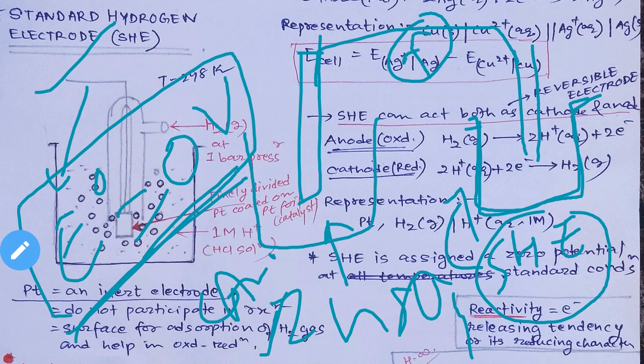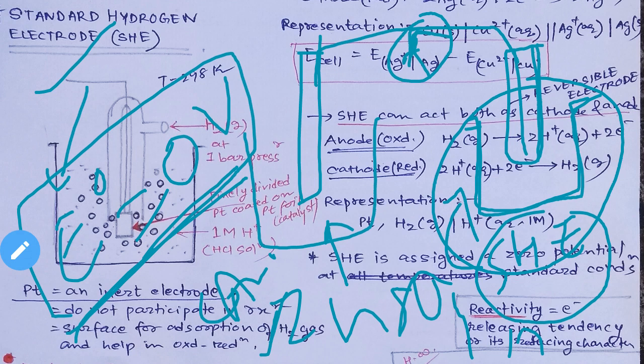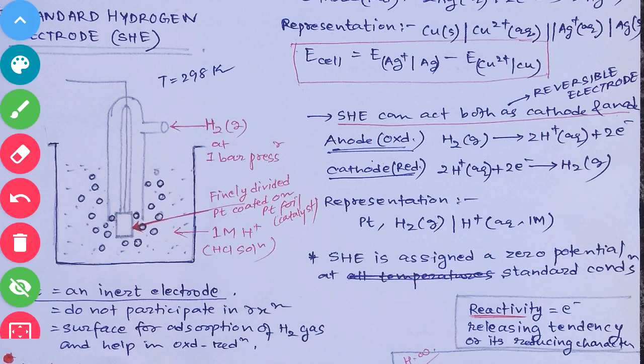So once this is 0 volt, whatever deflection we get in the voltmeter will be the electrode potential of this zinc electrode only. I'll come to this point slowly.